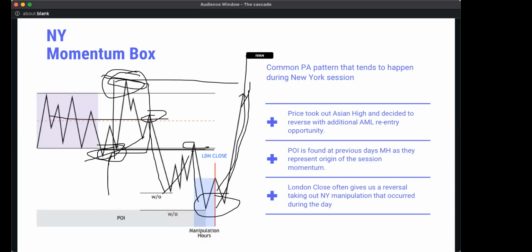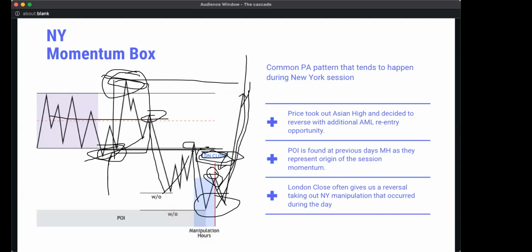Yeah. Also, this London close is for people, I don't know how many of you work 9 to 5 or whatever, but London close's job is just a small reversal. Nothing much, but if you are a scalper, trading M1s or M5s or seconds even, this is a good way to take a few pips out of the market after a job or something.